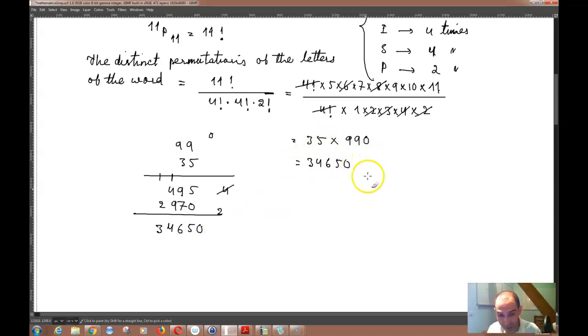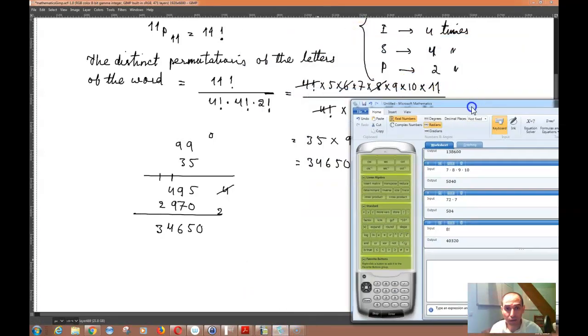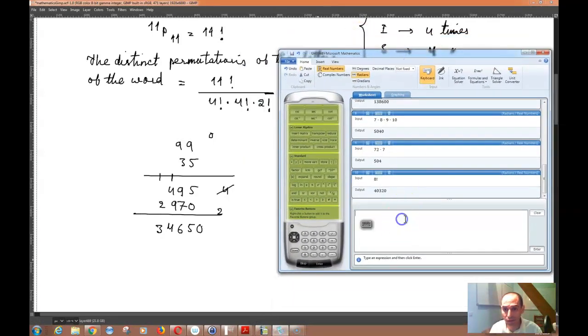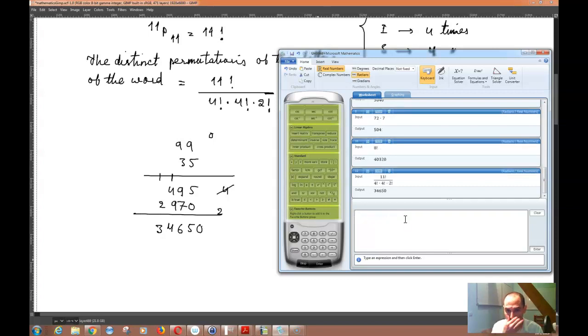Now, just to make sure that I didn't make any mistakes, I will calculate this as well. That's 11 factorial divided by 4 factorial times 4 factorial times 2 factorial, is equal to 34,650, which is correct.